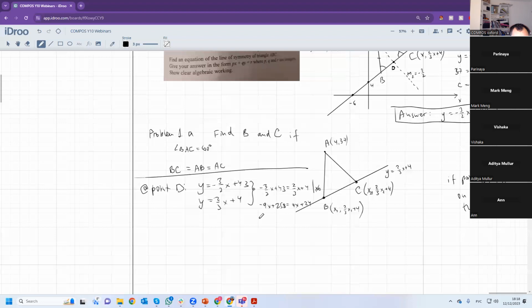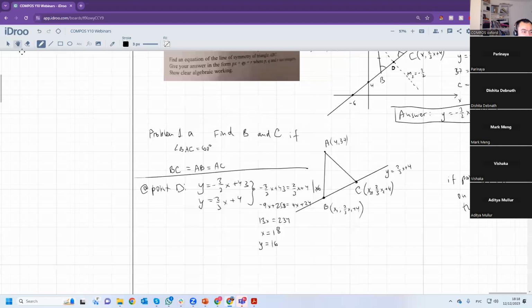So that's 13x equals 234, divided by 13, 18. X equals 18. Okay. X equals 18 and y is equal to, sorry, 2/3 of 18 is 12, plus 4, 16.